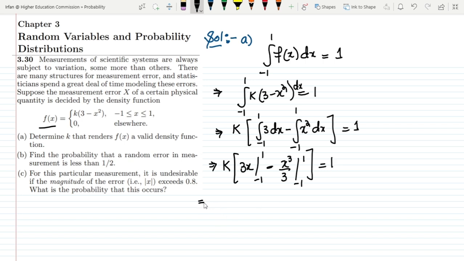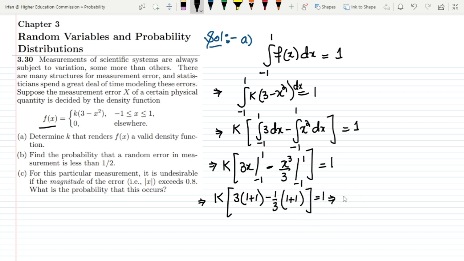Now putting in the values of these limits, I will get 3 times (1 minus -1), so 3 times (1 plus 1), and here minus 1 by 3 times (1 plus 1). And it must be equal to 1.